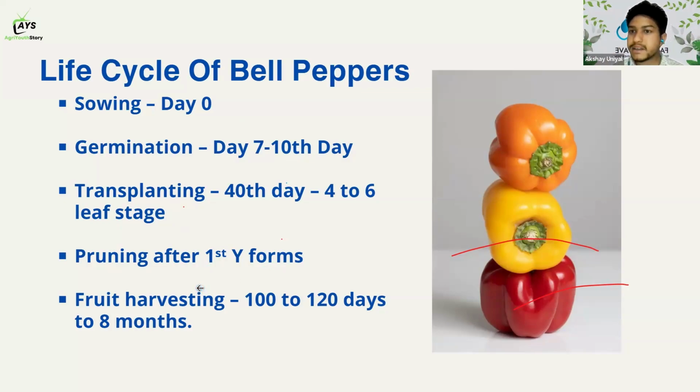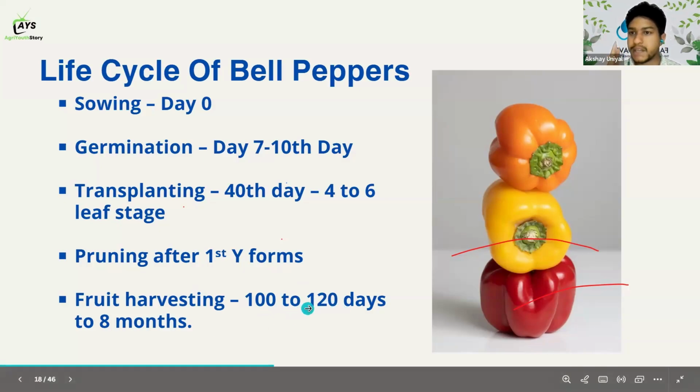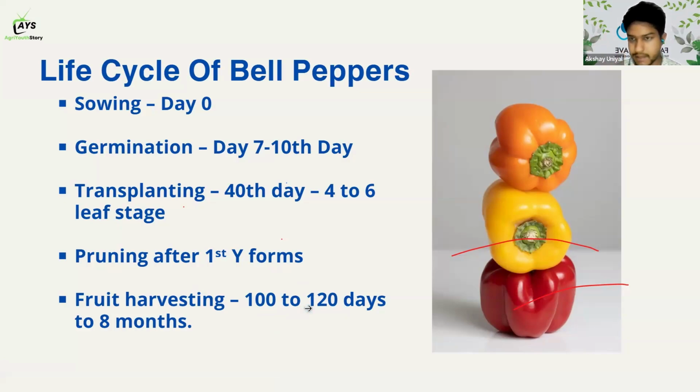Now, after the pruning is done, we will take care of the pests, and we will take care of the plant for the next 60 days. After that, we will start the harvesting process. The harvesting process will start at the 100th or 120th day. So they will have a solid 2 month period that we will be doing the harvesting for.